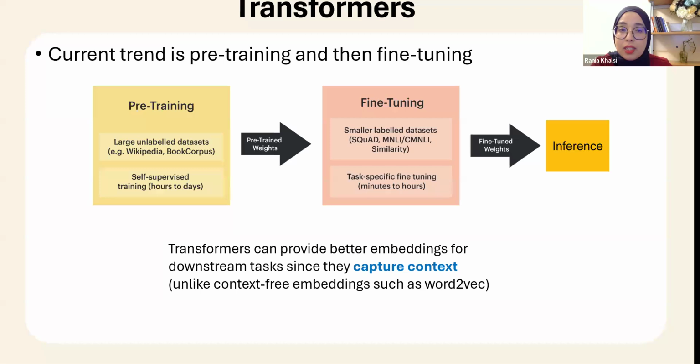This is mainly a self-supervised learning process, meaning the model learns patterns, structures, and relationships without any human-provided labels, because the data sets are massive. Pre-training can take hours or even days with powerful computer resources. But once this stage is complete, the model converges, and we obtain a strong set of pre-trained weights.